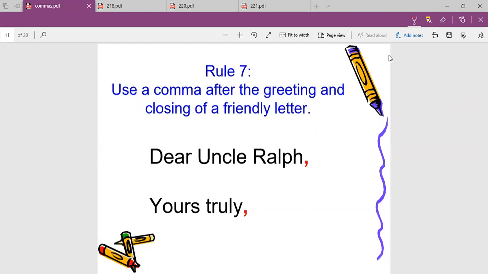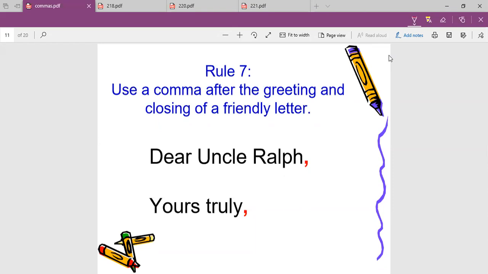Read the example also. Dear Uncle Ralph, and the last one, Yours truly, Sarah.